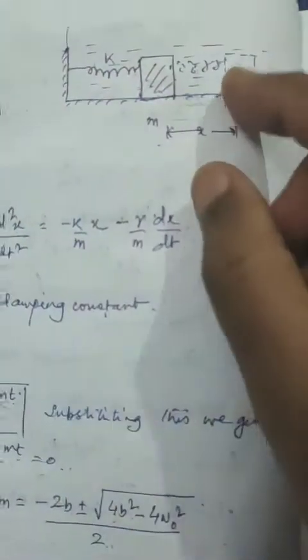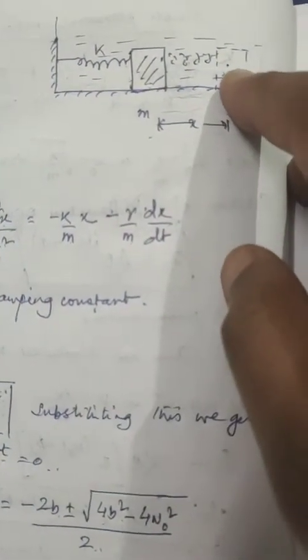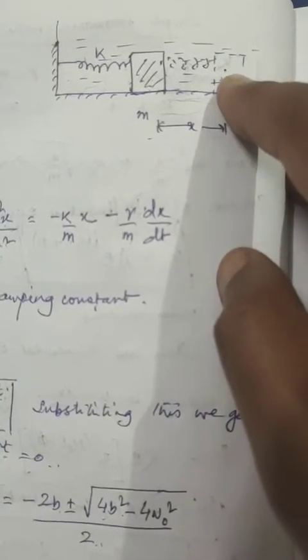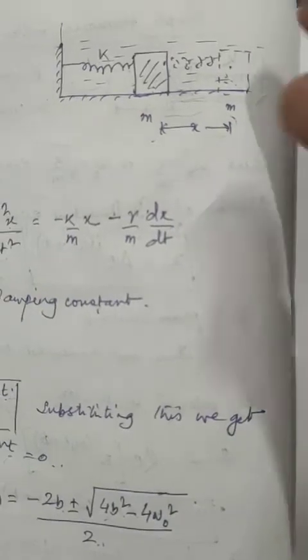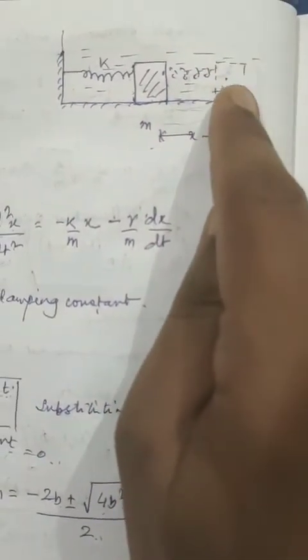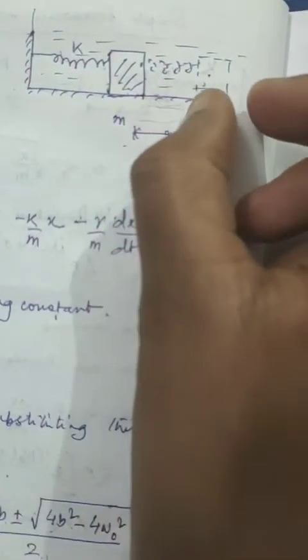Let us suppose it is in outer space, so no drag force is there, nothing to drag. So if I pull this and release this, then this mass will oscillate freely, and this is an oscillatory motion. It will execute a to and fro motion, and its amplitude is going to remain fixed.